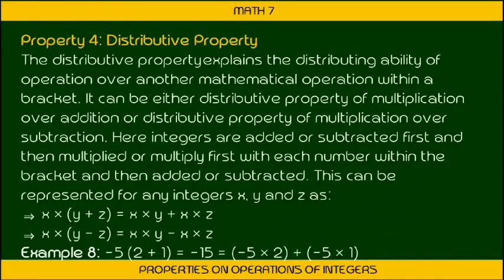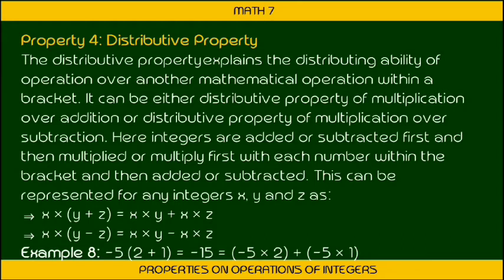Property 4. Distributive property. The distributive property explains the distributing ability of an operation over another mathematical operation within a bracket. It can be either distributive property of multiplication over addition or distributive property of multiplication over subtraction.